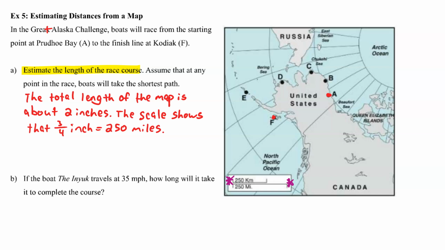And so if that's 3/4 of an inch, we calculate what it is for 1 inch. One inch is going to be the 250 miles times 4/3, which is 333 miles.